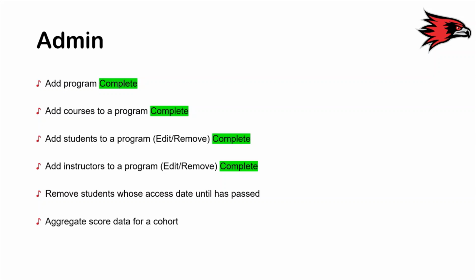So student submissions and assessments will be deleted after that, and only the scores are kept for future analytics. For the last feature, the admin is able to aggregate student scores of the students in a cohort.